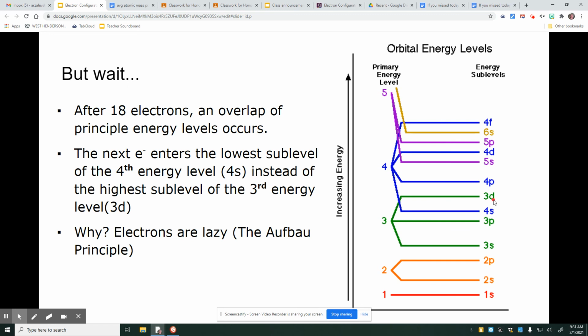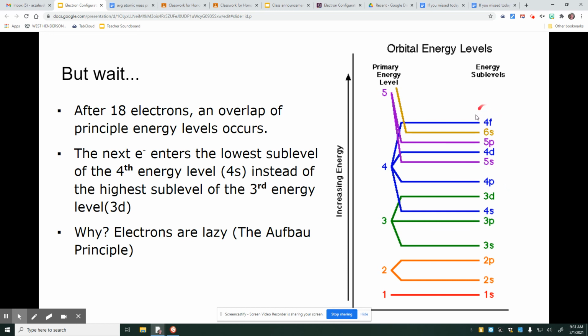But the weirdness doesn't end there. Then it'll put some more electrons in the fourth energy level, and then some in the fifth energy level, because it's easier. Then it'll put some more in the fourth, then some more in the fifth, and some electrons in the sixth energy level before electrons start finishing filling up that fourth energy level. And again, it's because of the energy required to put those electrons in there. Electrons are going to take the easy way.